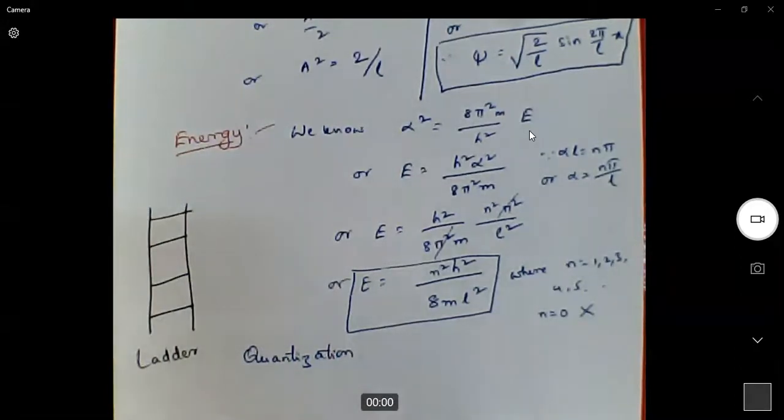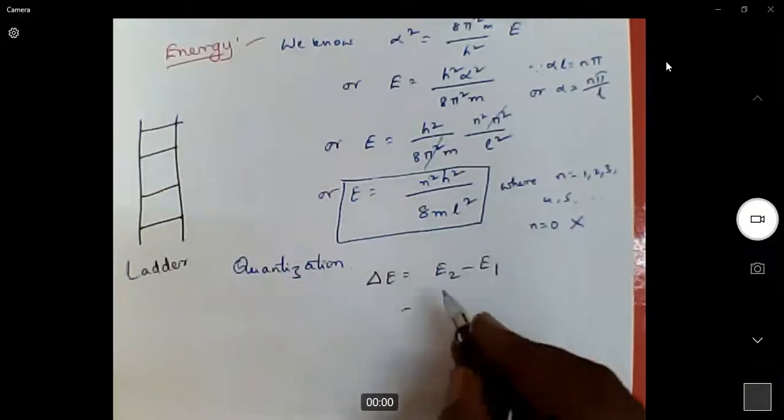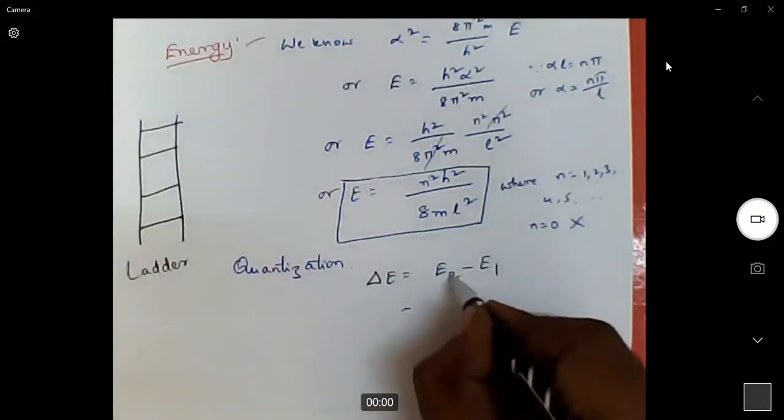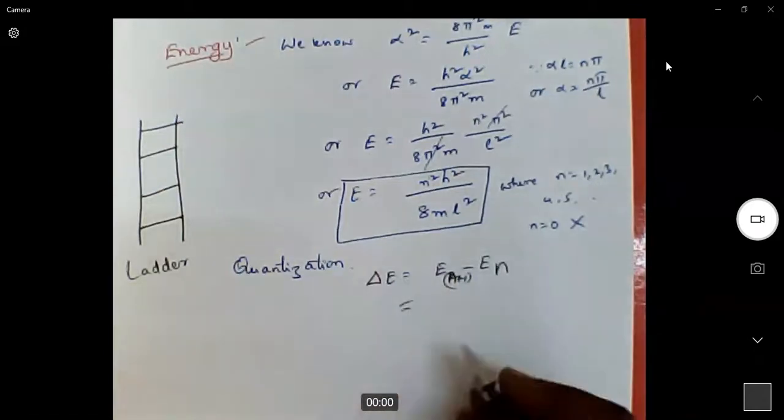Now we can also derive the difference between two energy levels, delta E, that is nothing but E2 minus E1. So the energy difference between two successive levels, that is n plus 1 and n, we can derive this expression.